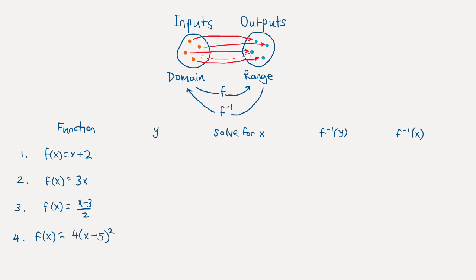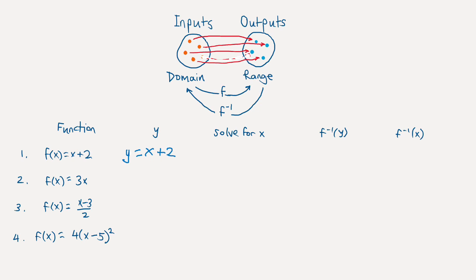The first step is to just write down that y is equal to the function, x plus 2. The reason we can do this is because we're thinking of y as representing the output of the function. Then we're going to solve this equation for x.